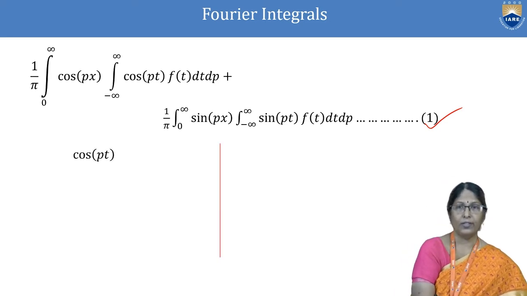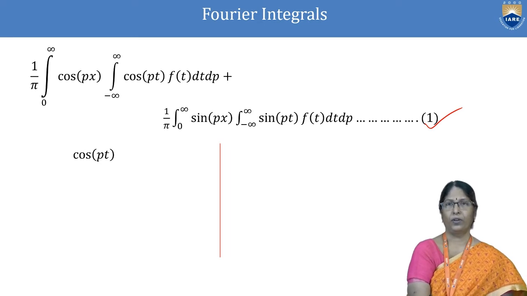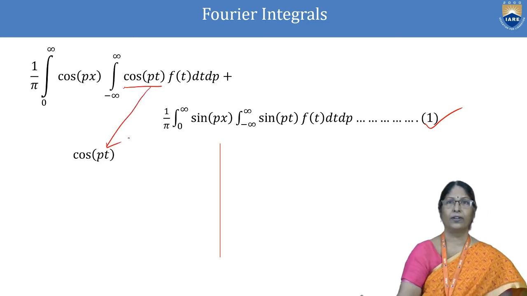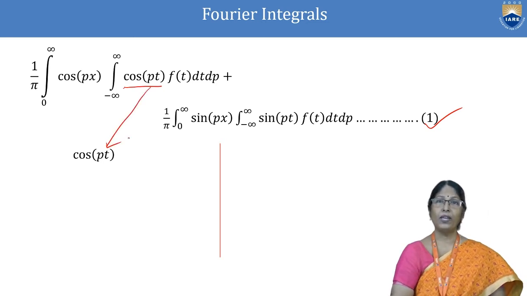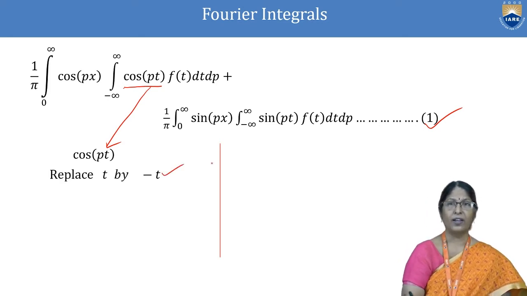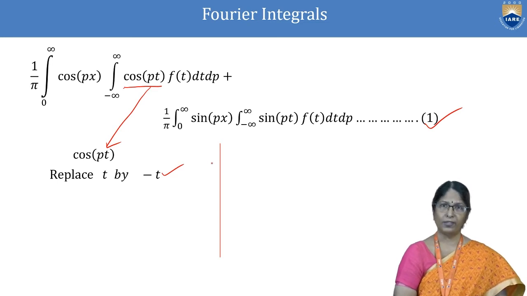To derive it, we have taken the function cos of pt. The same steps: replace t by minus t. That is the procedure to check whether the given function is odd or even.